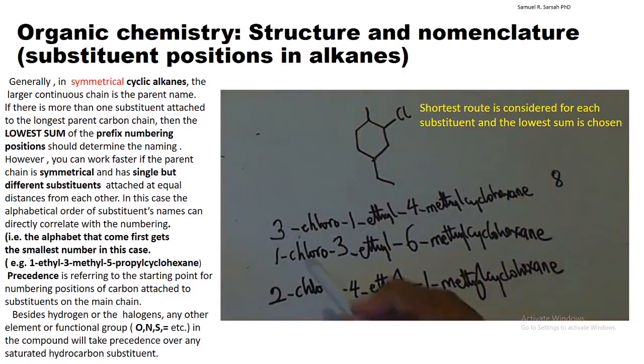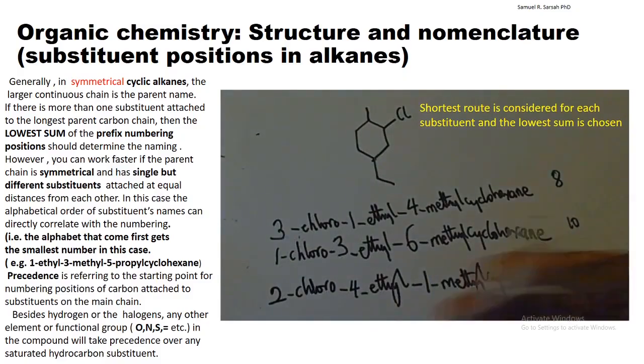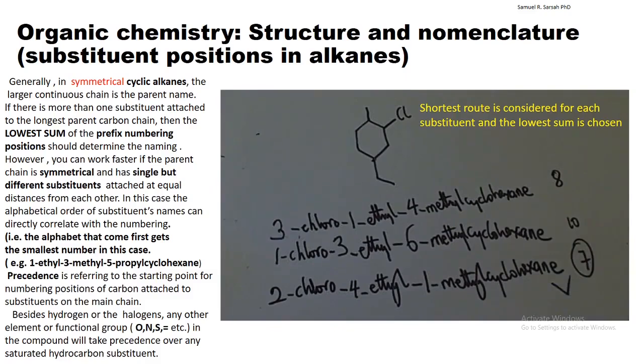I come from here. 1 plus 3 plus 6 gives me 10. I count from here. 2 plus 4 plus 1 gives me 7. So that means this gives me the smallest summation, and therefore this is the correct answer. These are discarded.